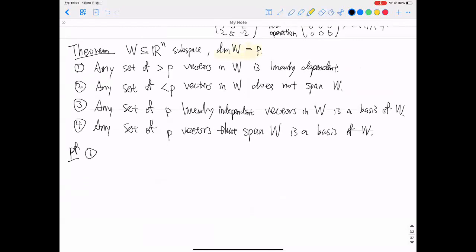So you can find a basis consisting of P elements, and if you have a collection of vectors that's more than the number of vectors you need for a spanning set, then by the previous theorem, your set of vectors must be linearly dependent. Okay.